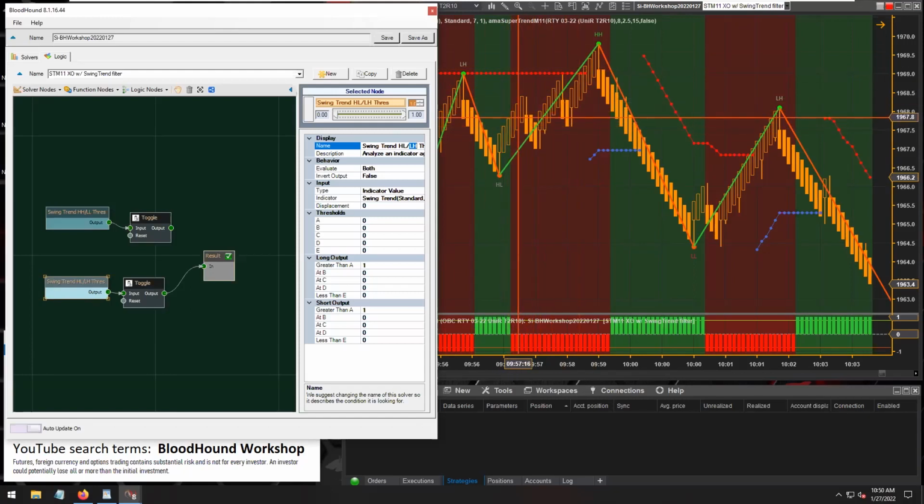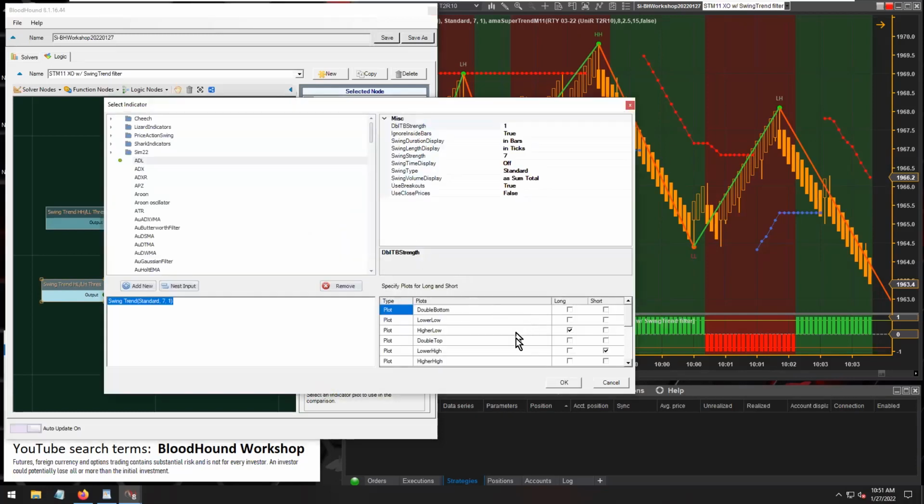When the market starts moving up, you might be thinking, well, here's our previous high point, so when it breaks that, isn't the swing trend changing from a lower high to a higher high? And yes, it is. But remember, this solver is not identifying higher highs. This solver is only looking at higher lows and lower highs.